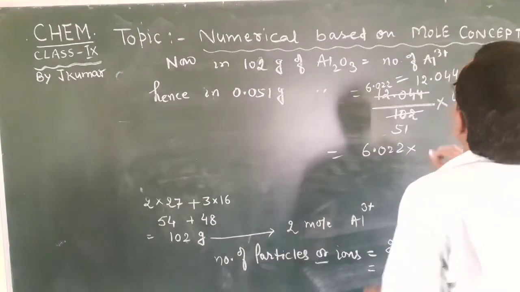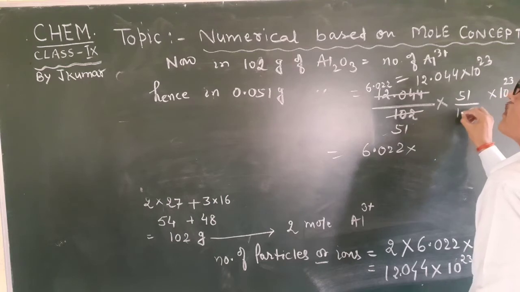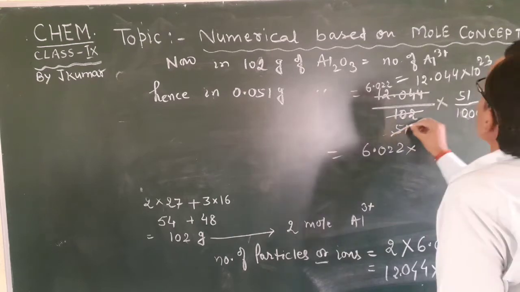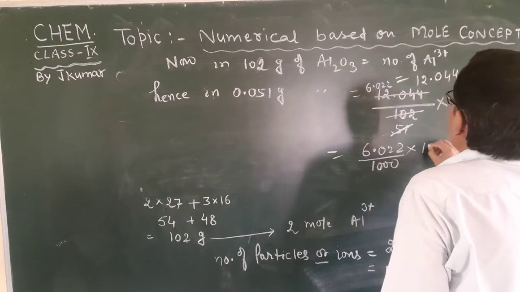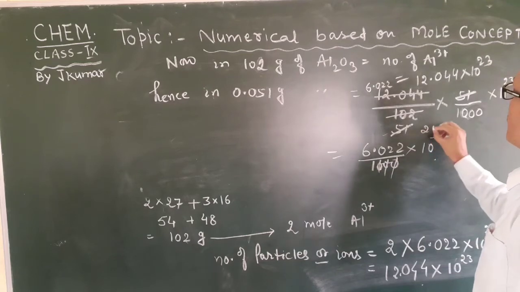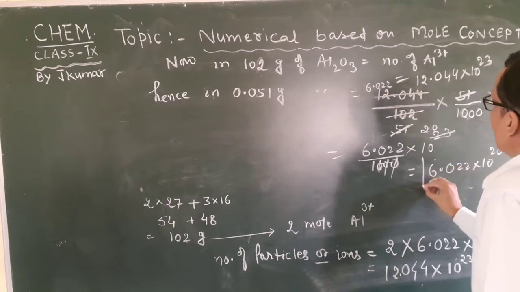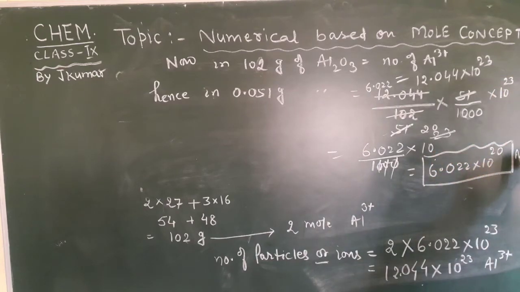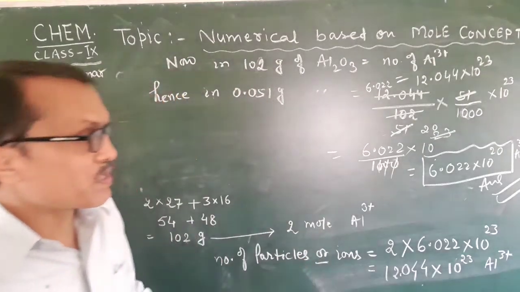Now solve like this. This will cancel, so you will get this multiplied by 10 to the power 23, and now cancelling here, you will get 6.022 multiplied by 10 to the power 20, and this is the number of aluminium ions present in 0.051 gram of aluminium oxide.